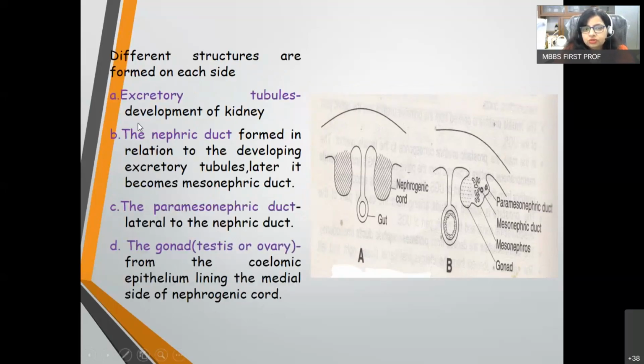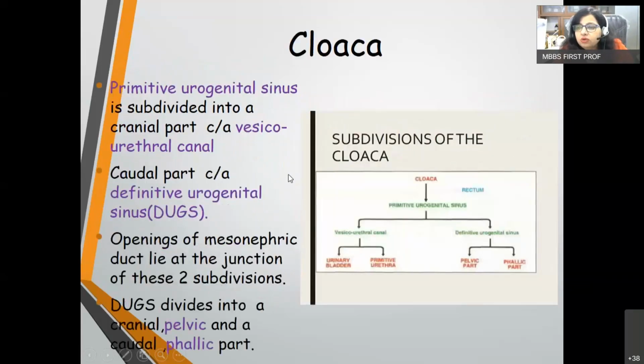See, as I've told you, these excretory tubules are responsible for the formation of kidney, nephric duct, paramesonephric duct, and the gonads, forming the medial side of the nephrogenic cord. Now, when we talk about the cloaca, when it was initially partitioned, it was rectum and primitive urogenital sinus. Now, this primitive urogenital sinus is the one we are going to talk about in this context, that is the genital system.